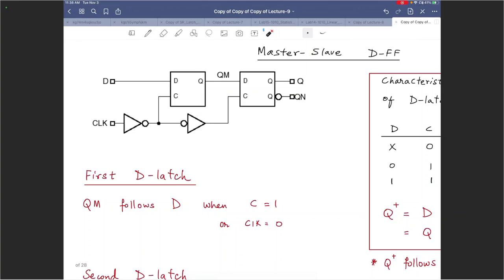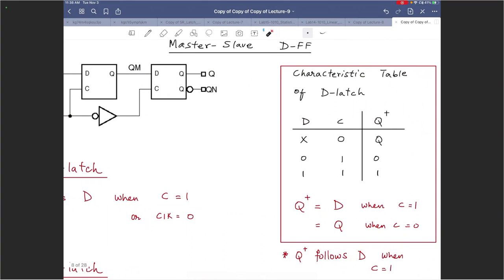Now, before I go into the analysis of this, let us all agree again about the characteristic table of the D latch. The characteristic table of the D latch says I have two inputs, D and C, and I'm monitoring the next state output Q plus. If my C input is 0, no matter what D is, Q plus will equal Q. I will be in the store state, which is written over here. Q plus will equal Q when C is 0.